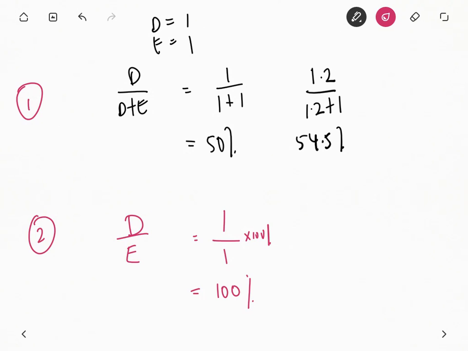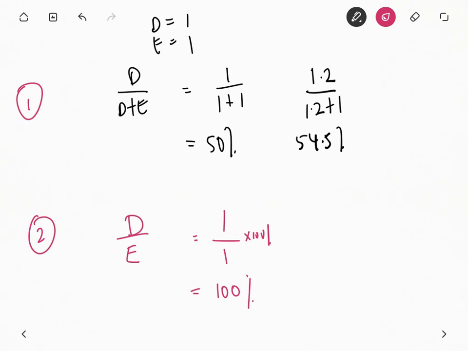The acceptable level is 100% if we use this formula. With the other formula, the acceptable level will be 50%. That's why with different formulas, the acceptable threshold will be different, but the information is still the same. Both are gearing ratio, both acceptable. That's why when you look at past year questions, they'll tell you which one they are using.